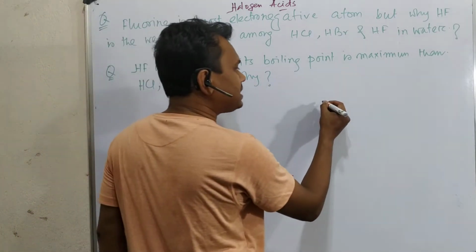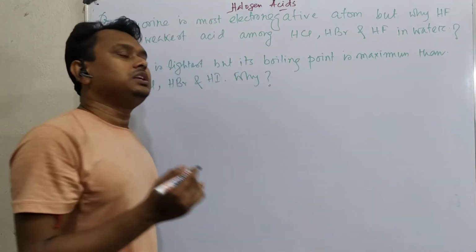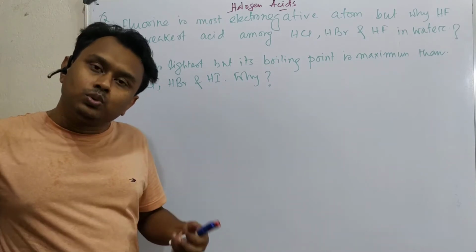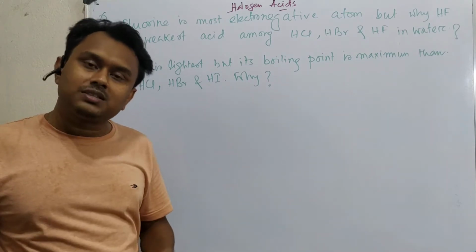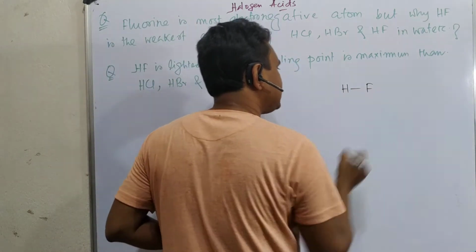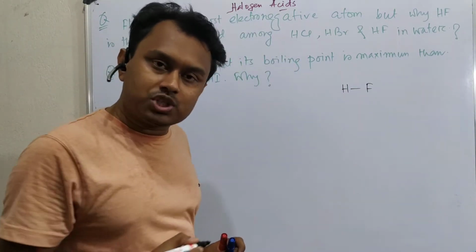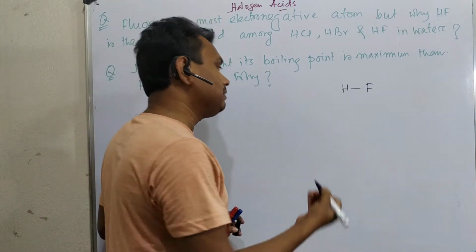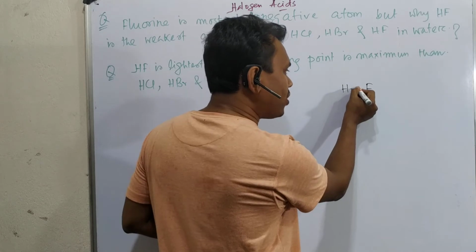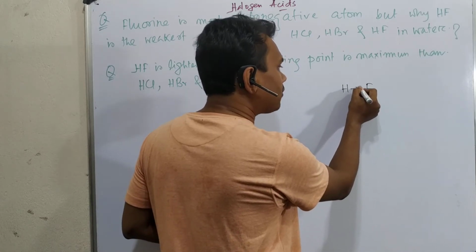Because the definition of electronegativity is the power to withdraw electron density from a covalent bond. For example, if I look at HF, fluorine is the most electronegative on the Pauling scale. What does that mean? It means that the bond pair is withdrawn towards fluorine.